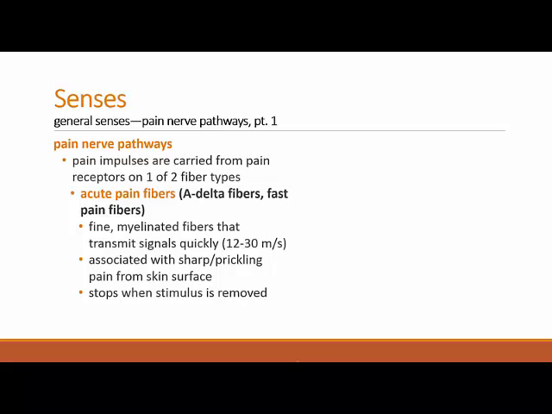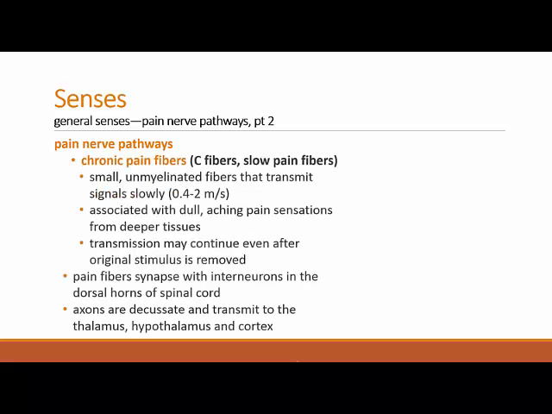On the other hand, chronic pain, C fibers or type 2 fibers, slow pain fibers, all these things mean the same. These are small but unmyelinated fibers, and because they're unmyelinated, they transmit their sensations much more slowly, between a half and 2 meters per second, so something like 1.5 feet to 12 feet in 1 second.